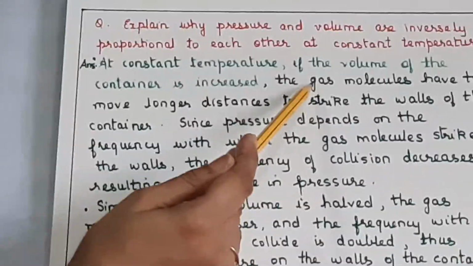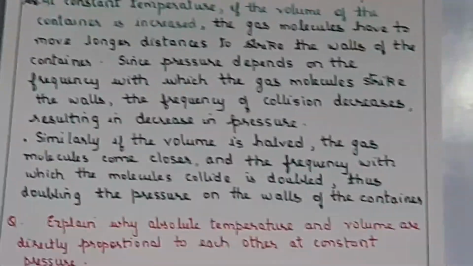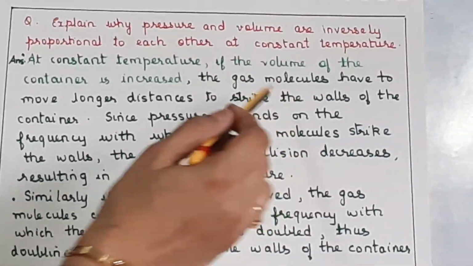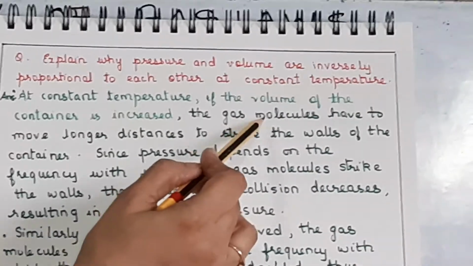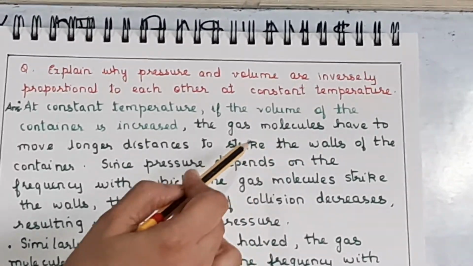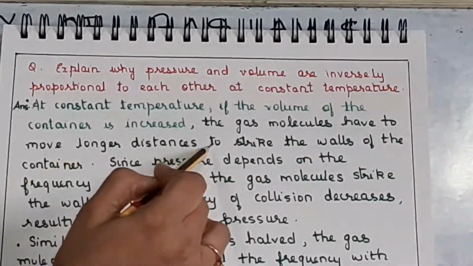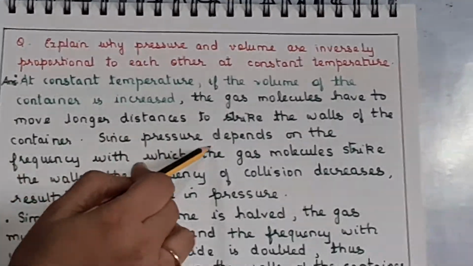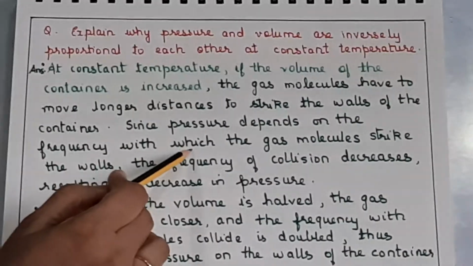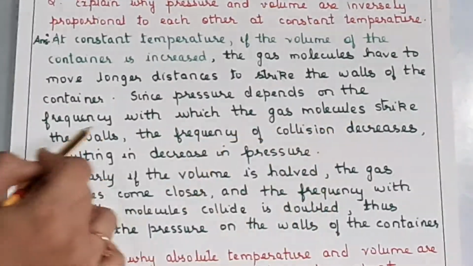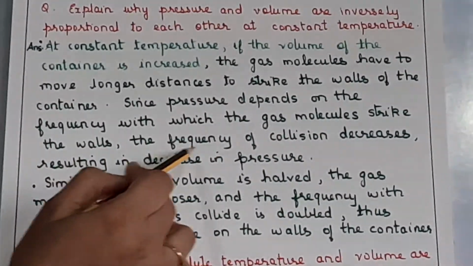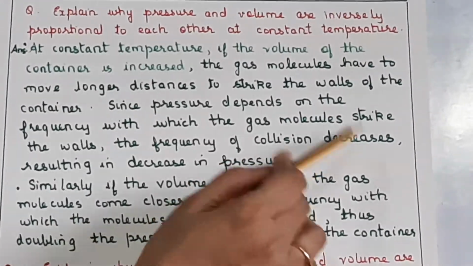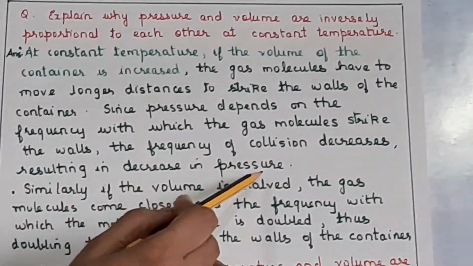So what will happen? The gas molecules have to move longer distances to strike the walls of the container, because the volume has increased, so the molecules will be far away. So they have to travel longer distance to strike the walls of the container. Now since the pressure depends on the frequency with which the gas molecules strike the walls, the frequency of the collision will decrease, resulting in the decrease in the pressure.